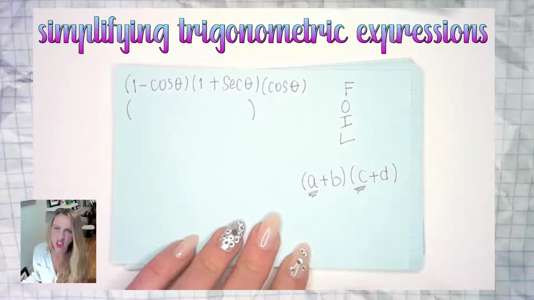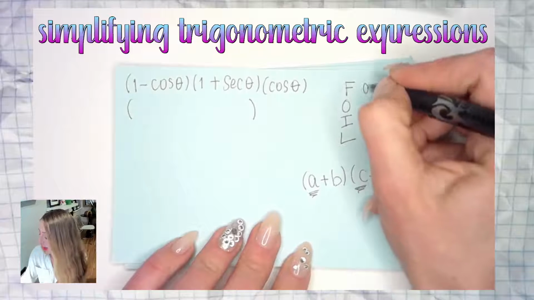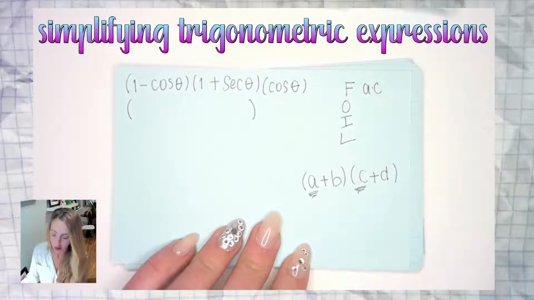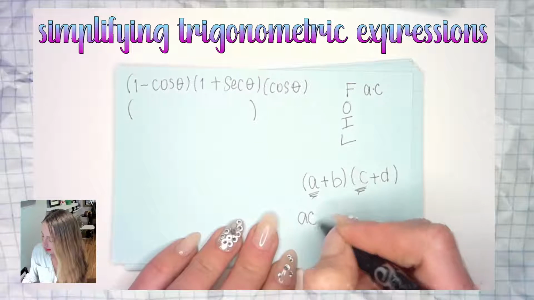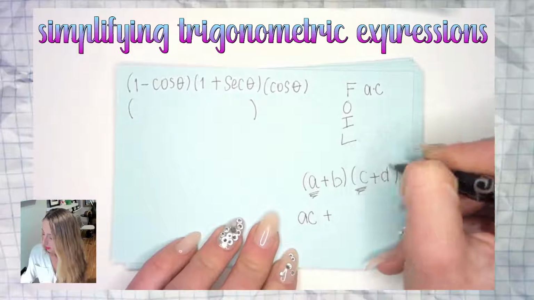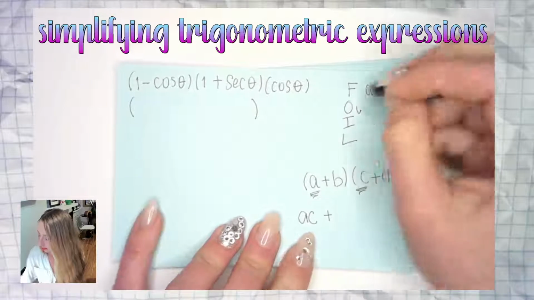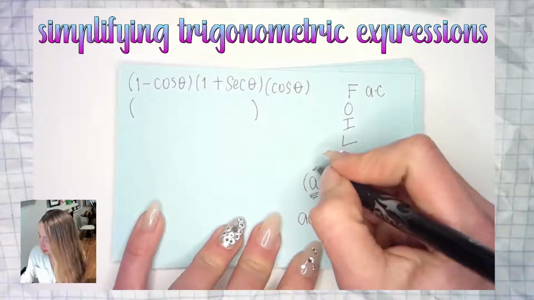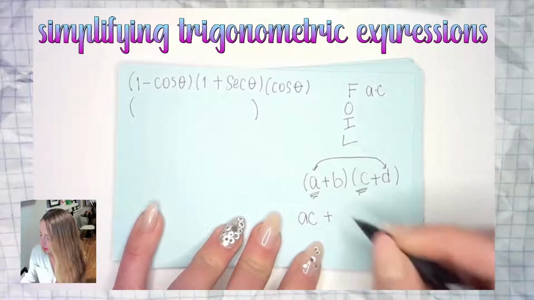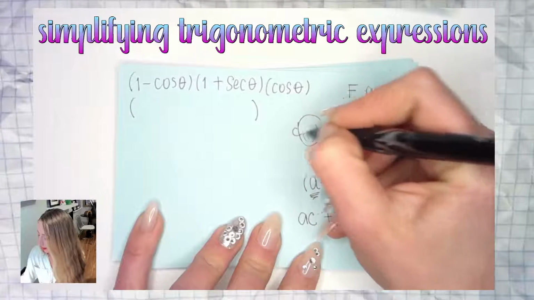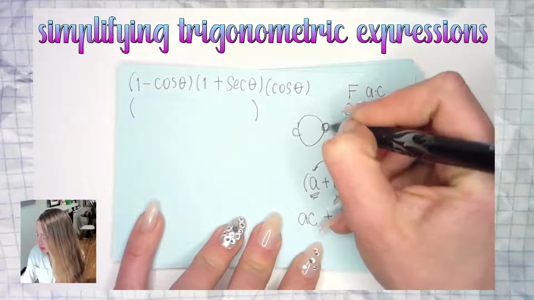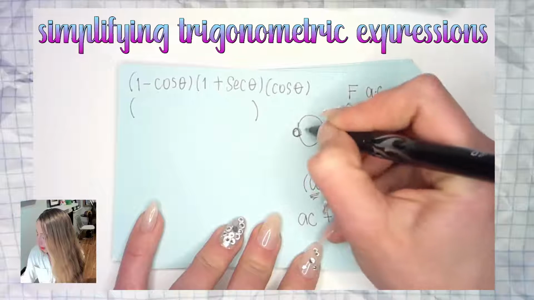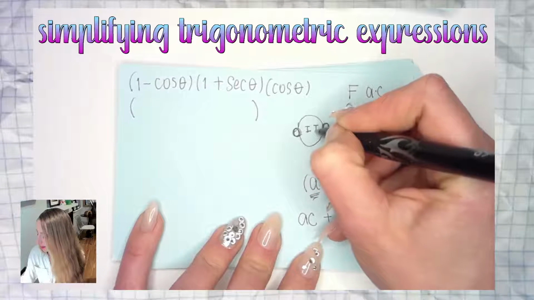A and C are the first thing in each of the parentheses. A times C is the first product. So AC plus outer. O is outer. What's the outer? Well, the outer are these two. If you picture your own head, those are your ears on the side of your head, and here are your eyes.